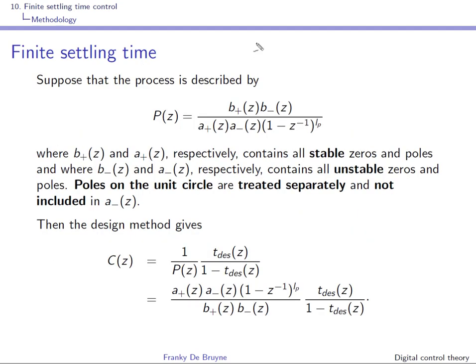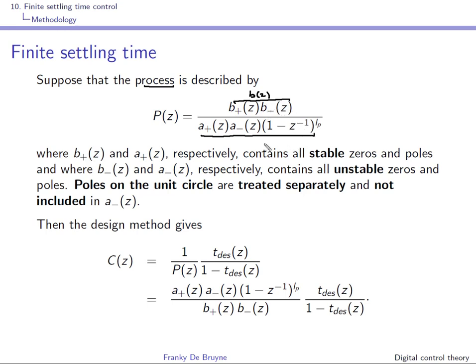So we'll assume that the process is described by this transfer function. For the numerator, B of z will work as before. Inside the unit circle, the corresponding factors go into B plus, and if it's outside or on the unit circle, it goes into B minus of z.